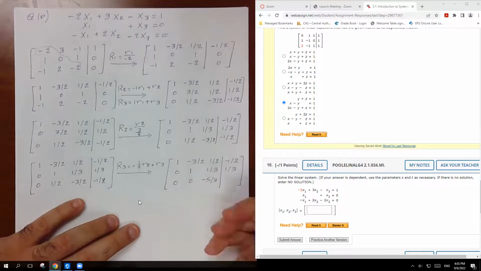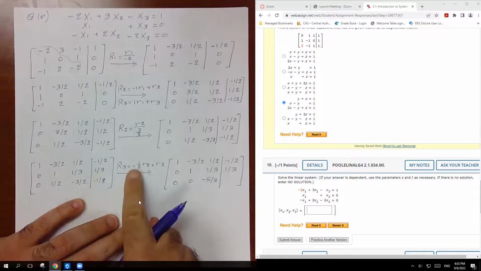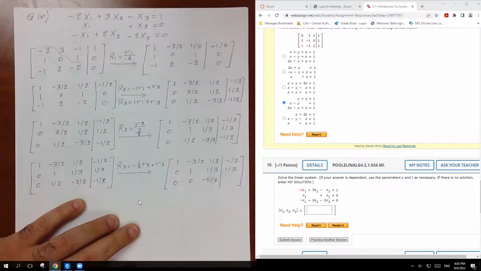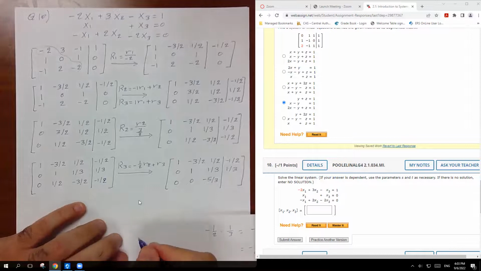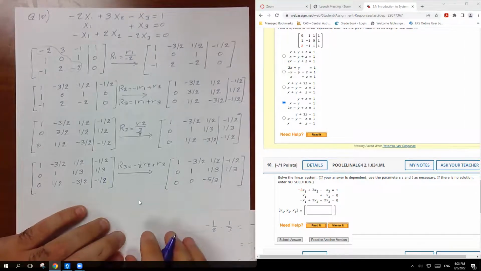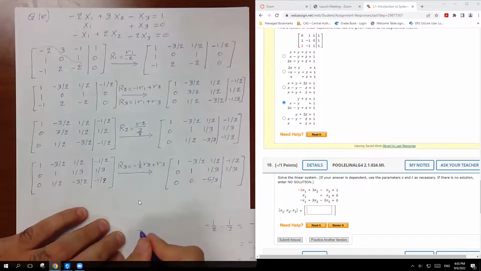The same thing with the last one. Negative 1/2 times 1/3 is going to be negative 1/6. So here is going to be negative 1/6, and you can add negative 1/2.